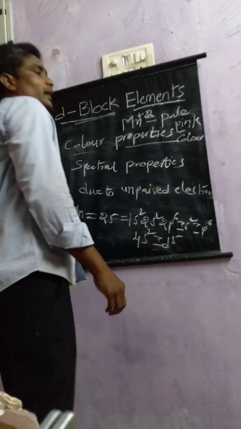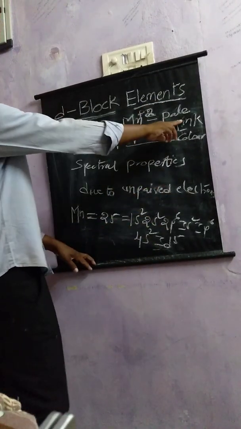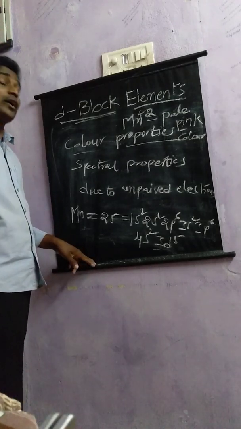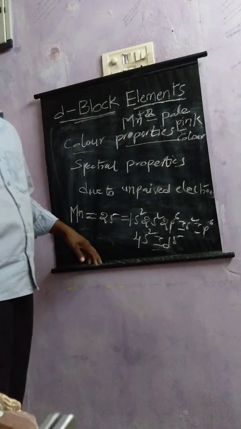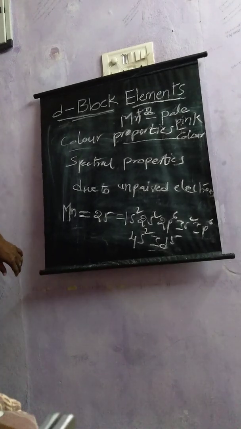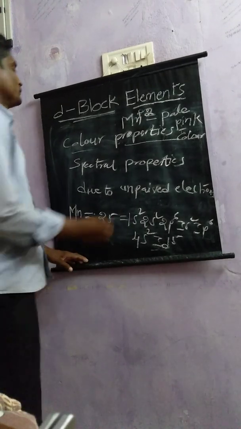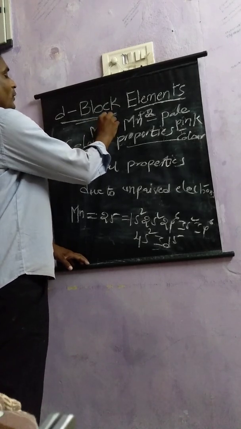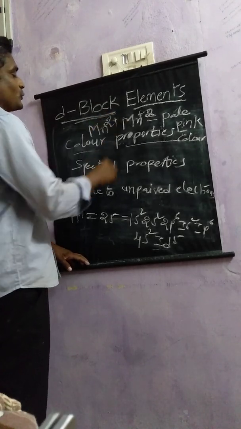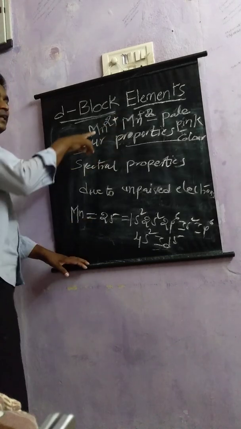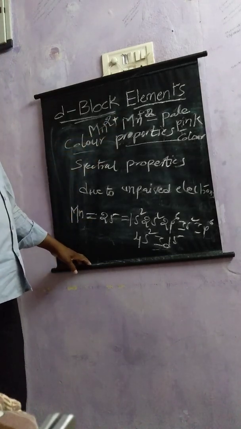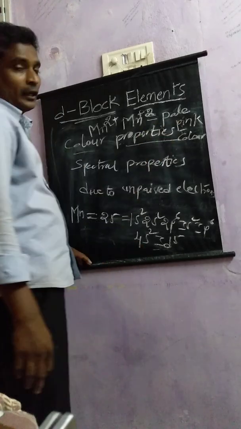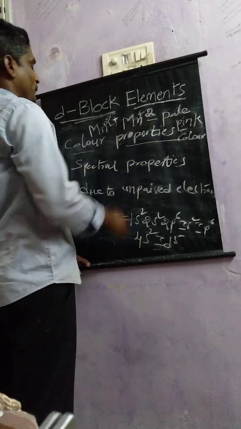Actually, this color is exhibited by manganese in its ionic form, that is Mn2+. So in its ionic state, it will exhibit pale pink color.